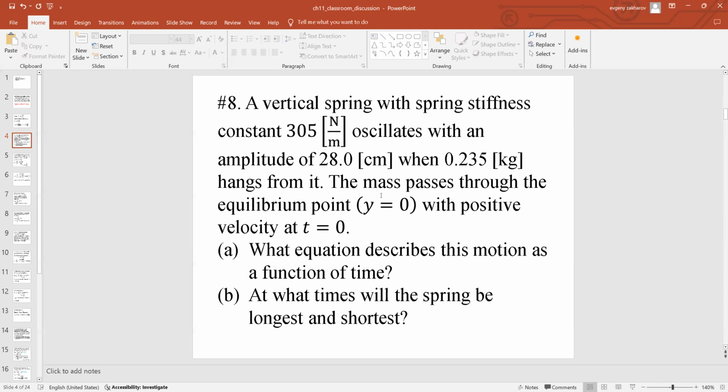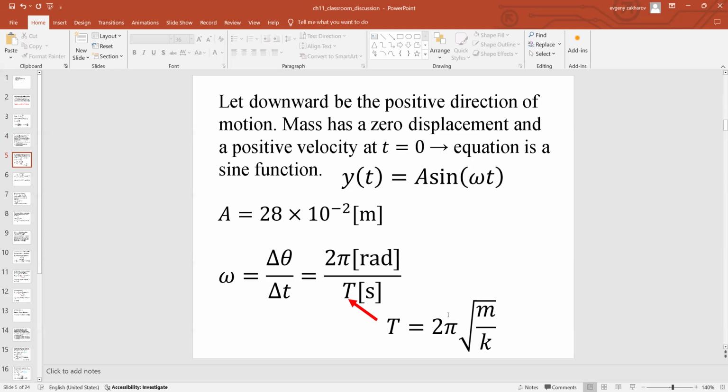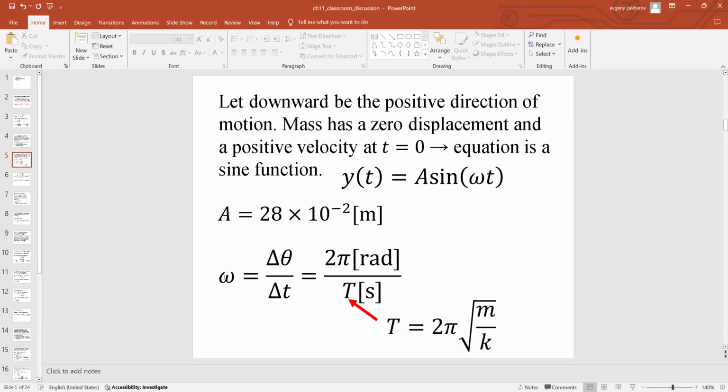And we don't have the period, but we do have the mass and the stiffness. And we already used this formula in the previous problem. Now it's time to use it again. The mass is given, the stiffness is given, so the period is given. So your omega is radical of k over m. So the omega is 2 pi divided by 2 pi radical m over k, so 2 pi cancels, but it's in the denominator, so you flip it, it's k over m.